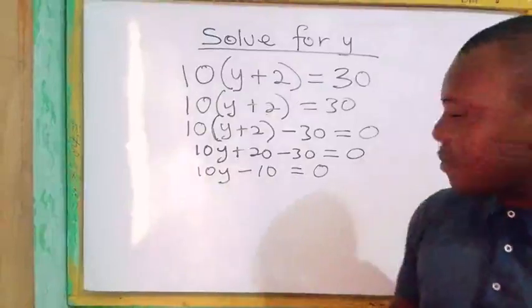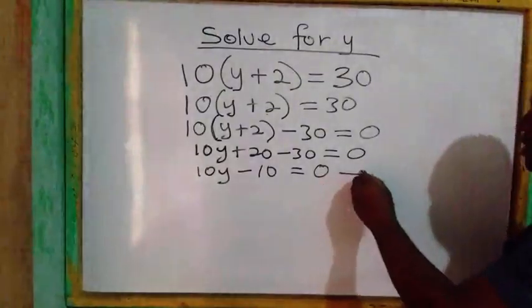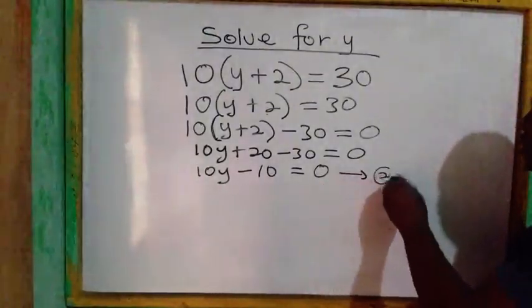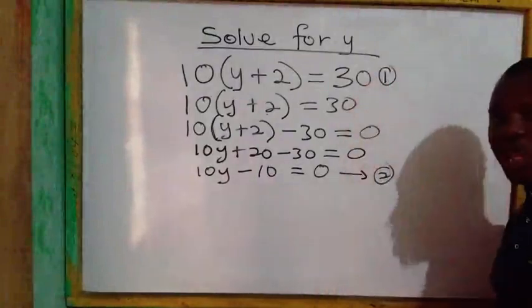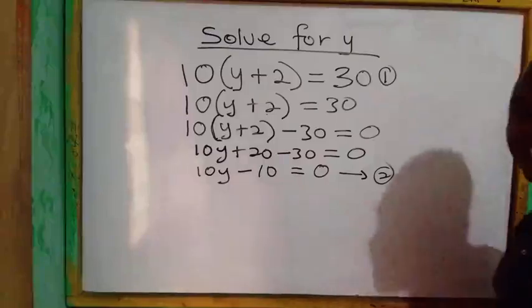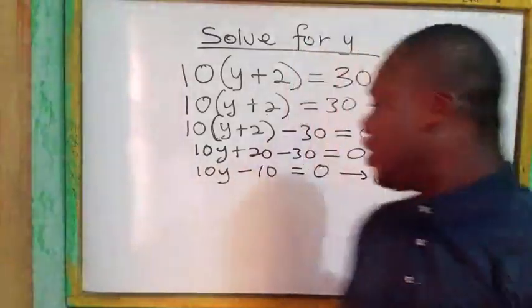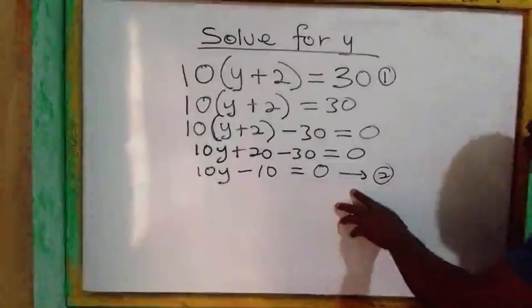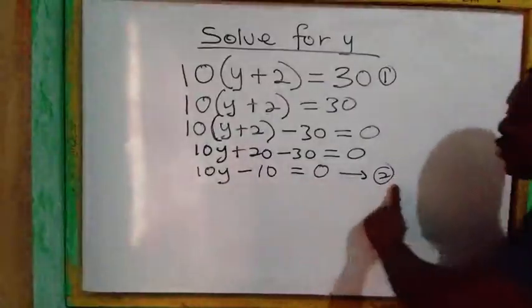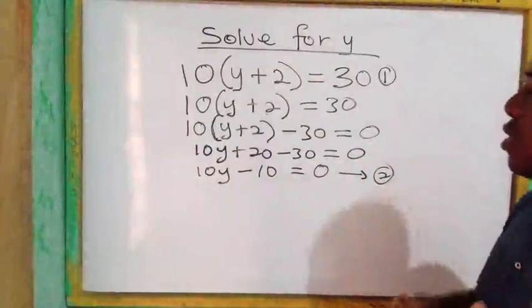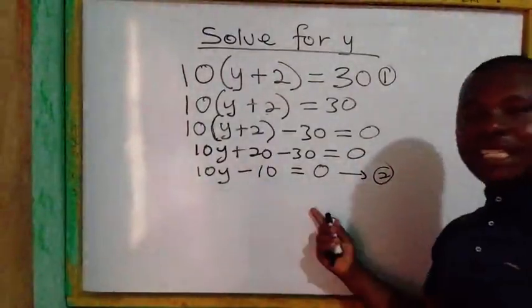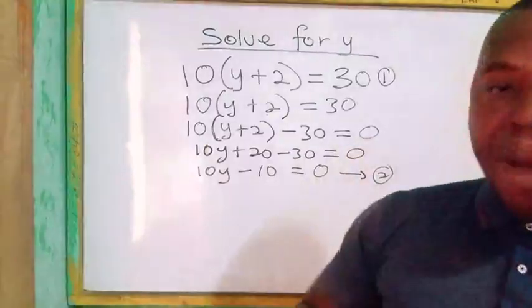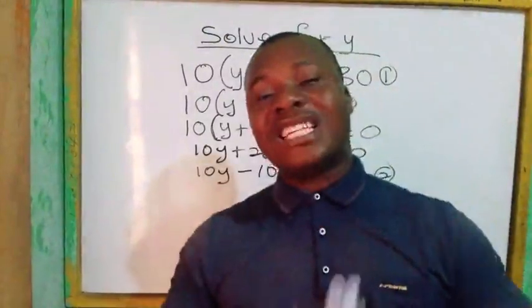Now, let's state this as equation 2 and let's state this as equation 1. After we get the figure, we'll place it here and then subtract it and you see that we'll get 0. So note this equation 2 down. Now, when you get here, the method you apply is transposition.